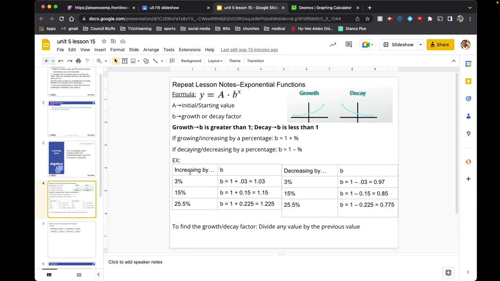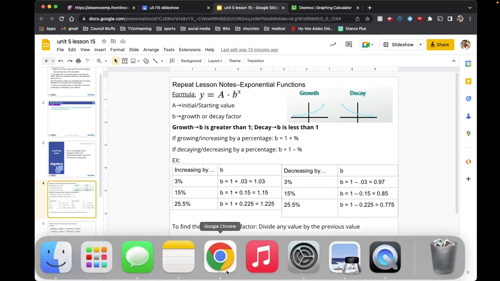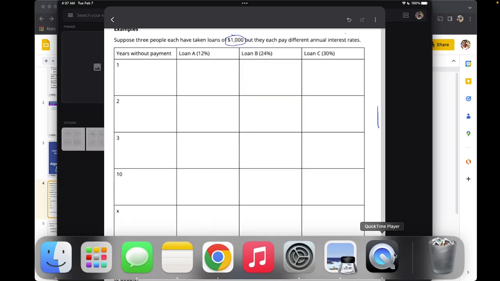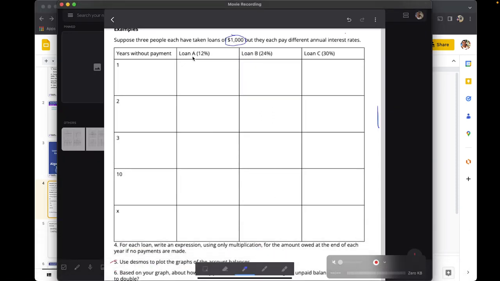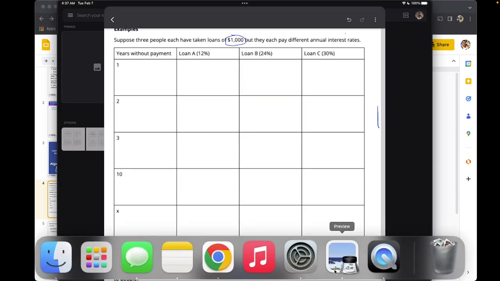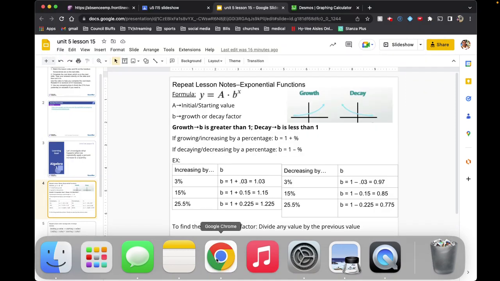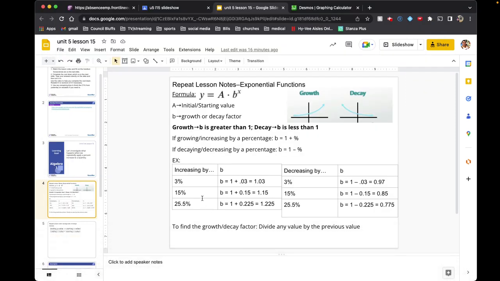In this problem, we're increasing by a certain percentage. So, for example, in loan A, they're increasing by 12% each year. So, what that tells me is that my growth factor is going to be 1 plus that percentage.